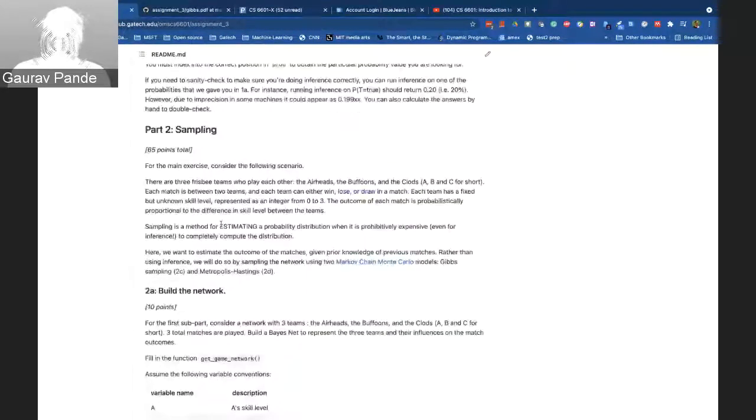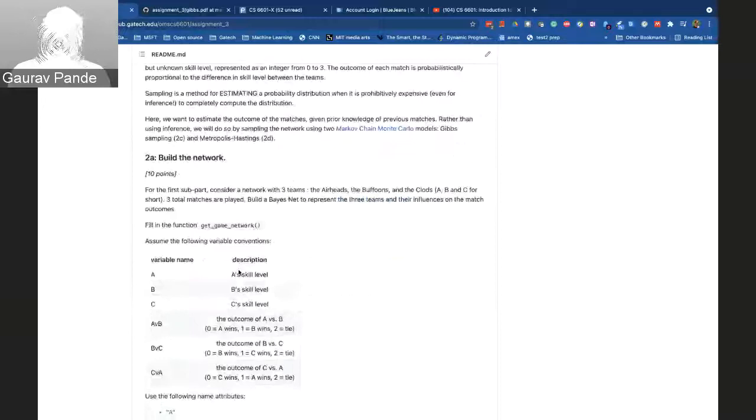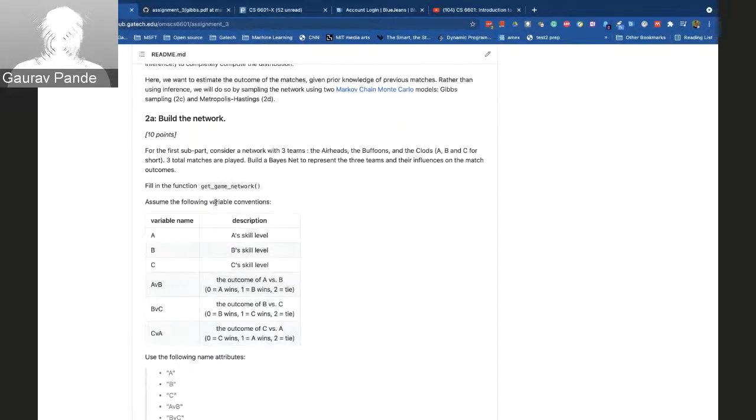The majority of the part is that first you build a network the same way that you do in the first part, based on reading all the information: what match happened, between whom, and what the skill levels of each of them are. You basically create a Bayes net, exactly like you have to do on paper.